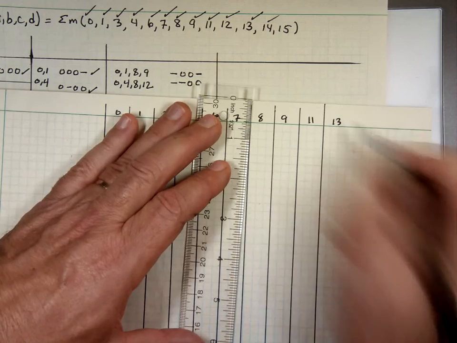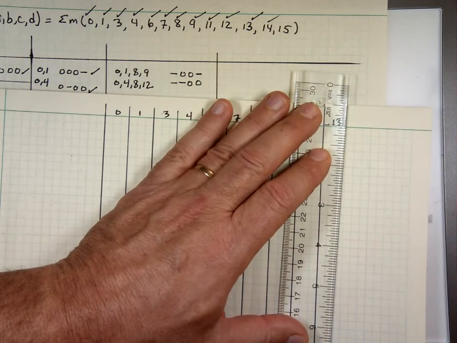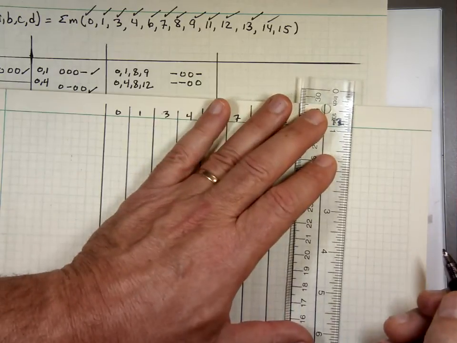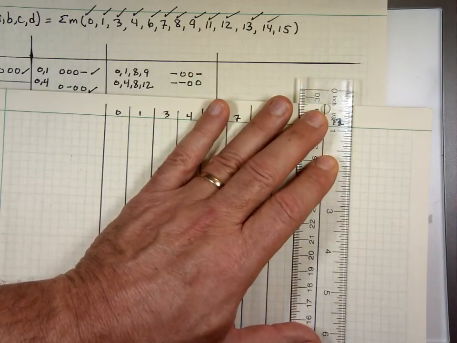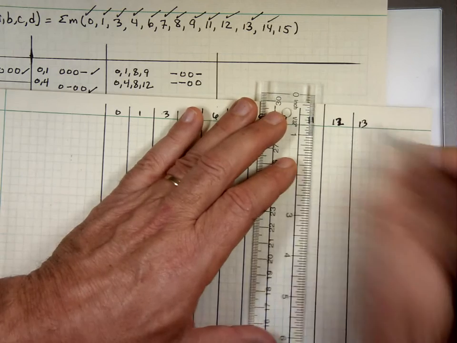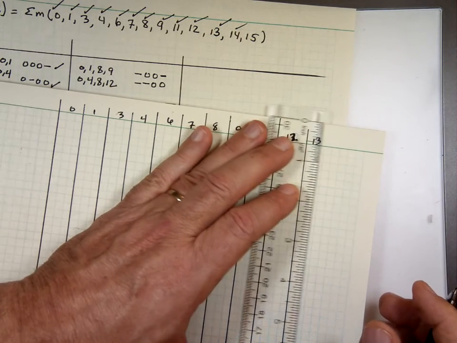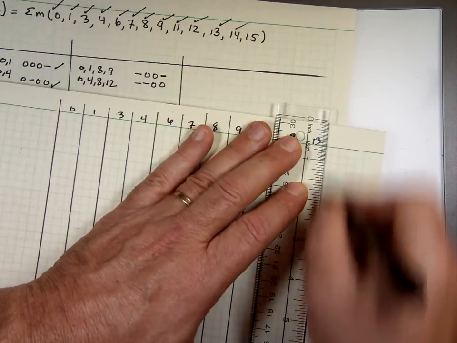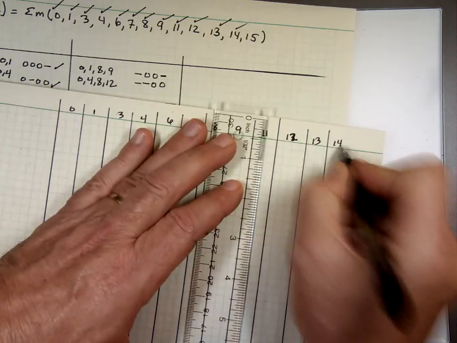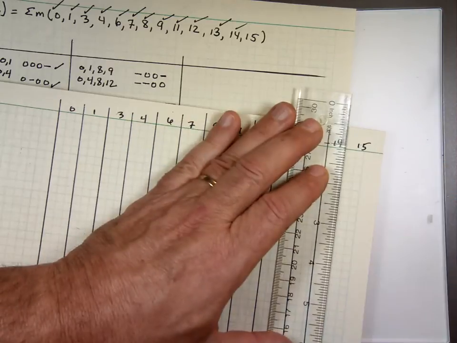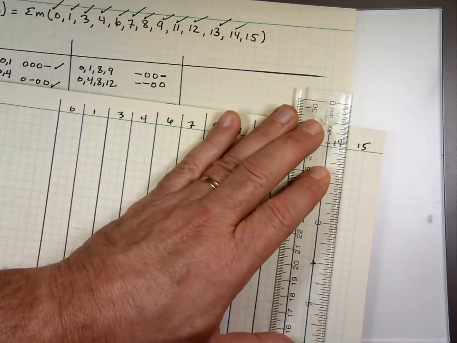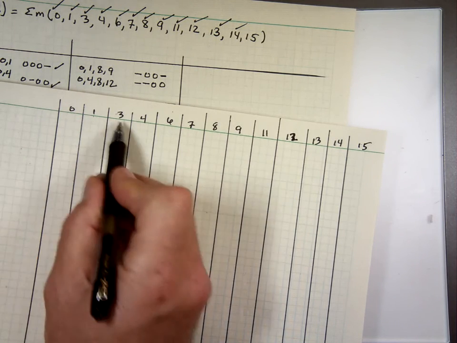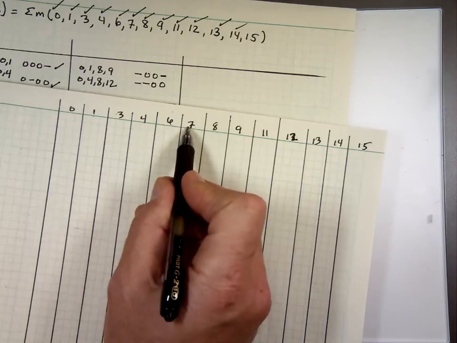Oh, 12. 12, 13. I gotta squeeze the 13, 14 here a little bit. 13, 14, and 15. Hopefully I didn't leave anything out. 0, 1, 3, 4, 6, 7, 8, 9, 11, 12, 13, 14, 15.